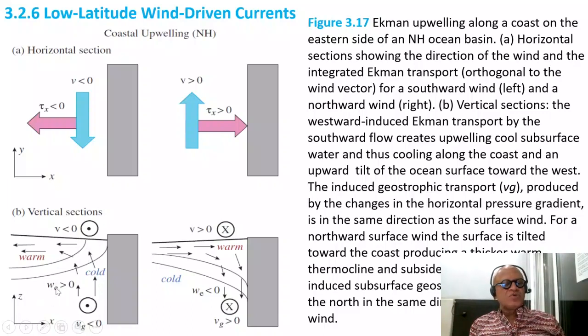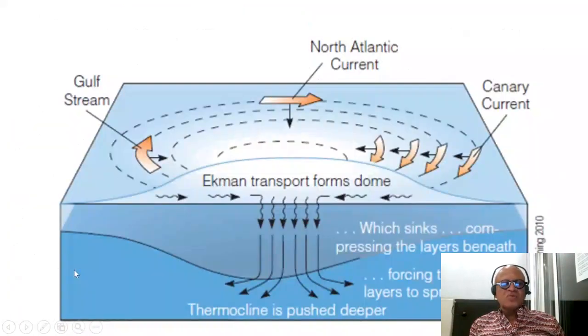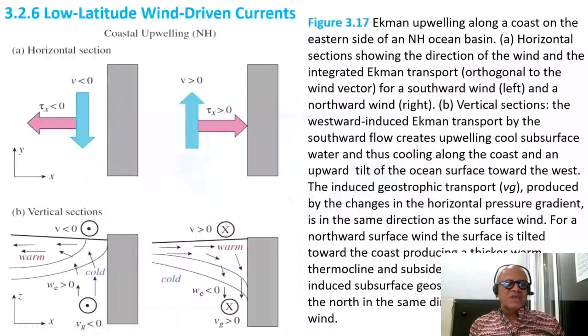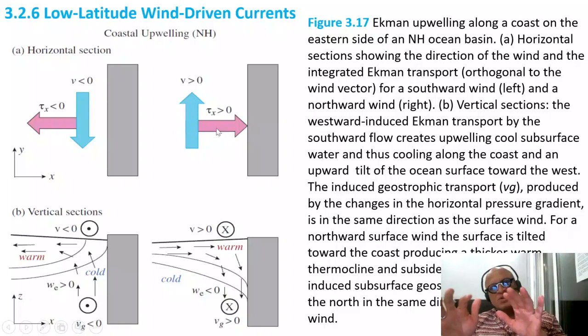According to this book's convention, upwelling here, w_E is greater than 0, which is actually opposite to what the other map said. Okay, and here winds are blowing into the coast, so there is convergence, downwelling, so the isopycnals are doming down and the sea level goes up, so the flow is actually going away from us.